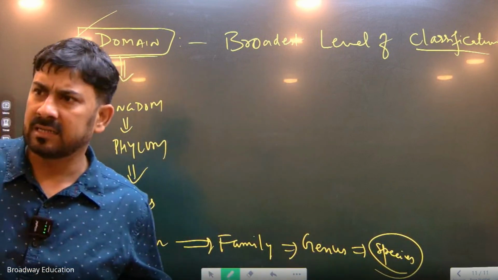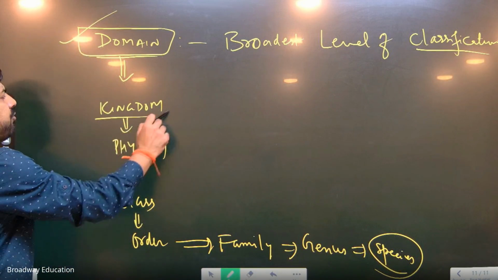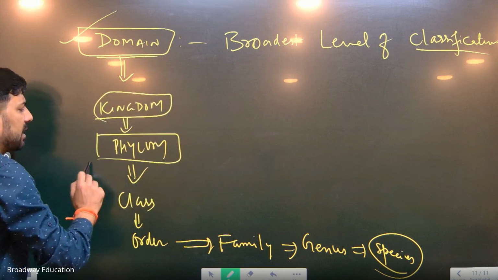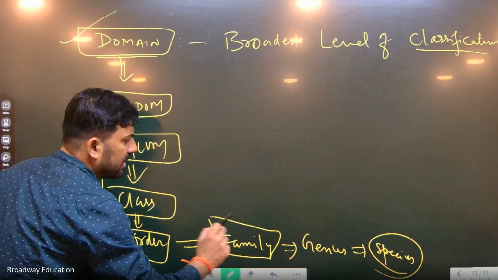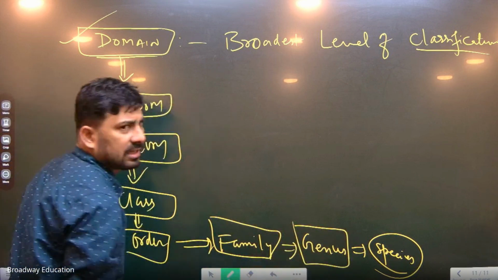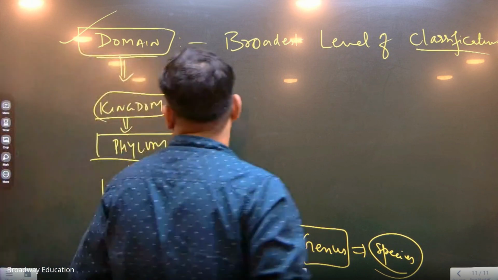Is this part clear? What they will give you in the exam, they will give you 4 terminologies from here. And then they will ask you to arrange in descending or ascending order, depending upon their strength and their broadness. Clear? So you just have to mug up this flow chart.